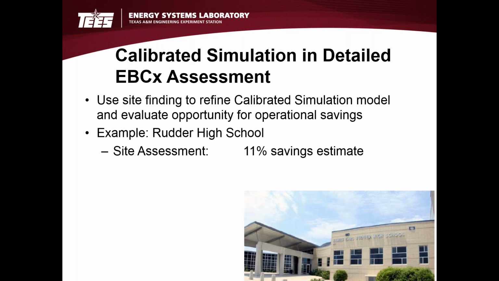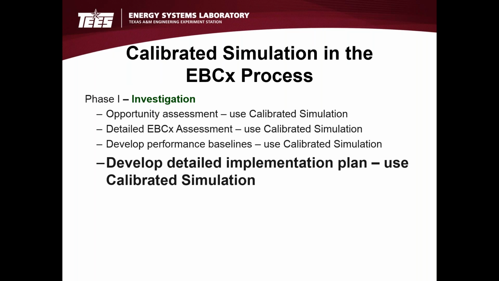When we did site visits, looked at the EMCS screens, and then evaluated the measures that we saw that we found could actually be implemented in the building, we ended up with 11% savings. This is total energy cost for the building as the potential from implementing some rather simple measures in the building.